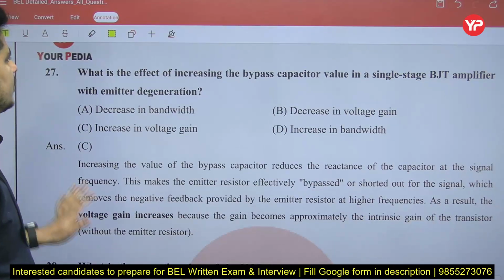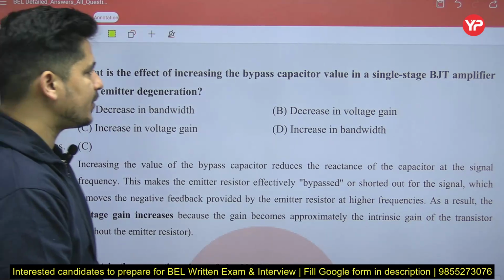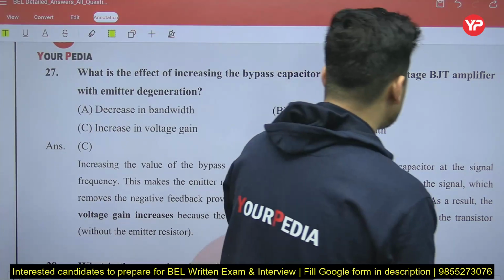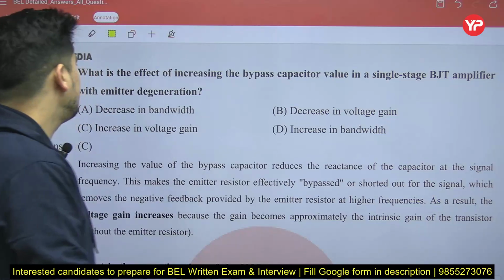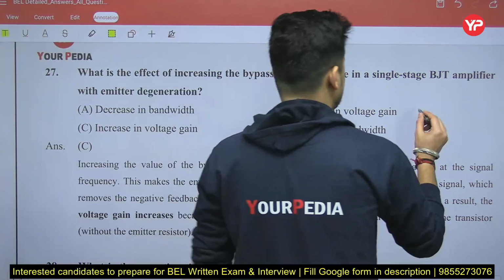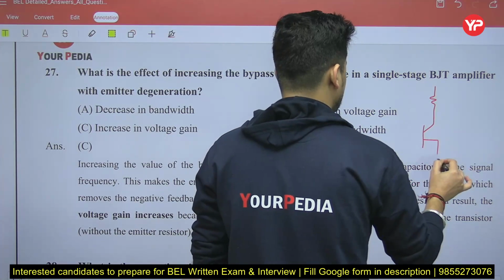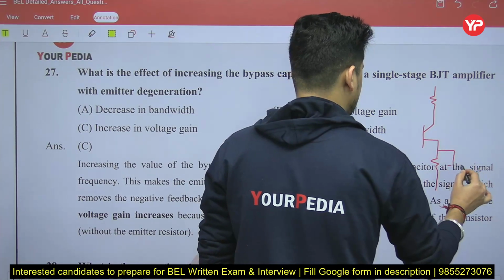Next, what is the effect of increasing the bypass capacitance value in a single stage BJT amplifier with emitter degeneration? We have an RE resistance and a capacitance here.